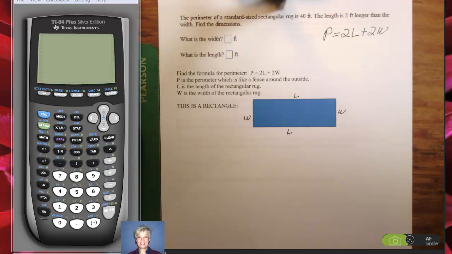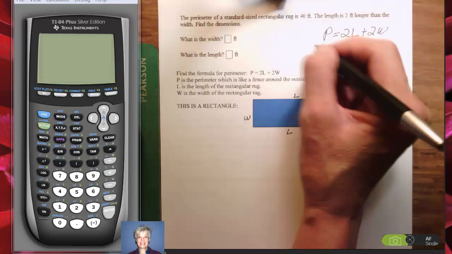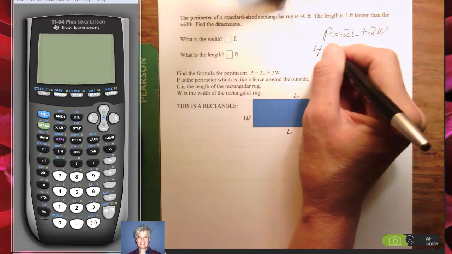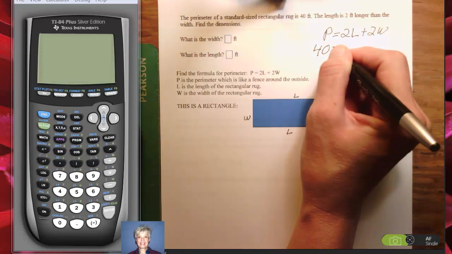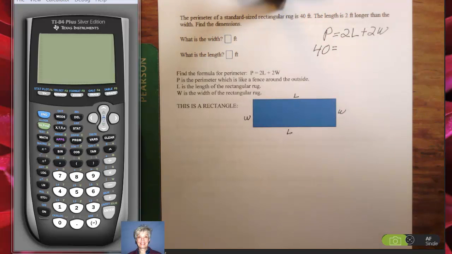The perimeter of a standard-sized rectangular rug is 40 feet. So we start out knowing the perimeter. The length is 2 feet longer than the width. Find the dimensions, and we have to find the width and the length. So I have to find L and W.